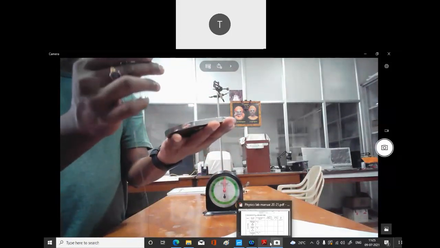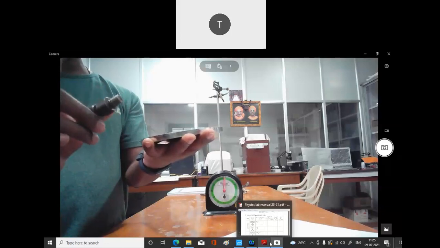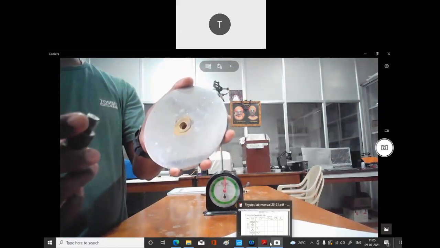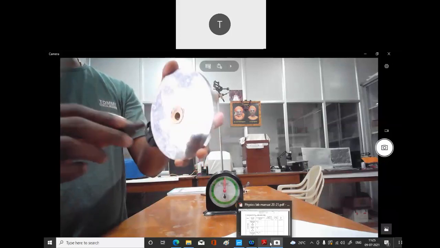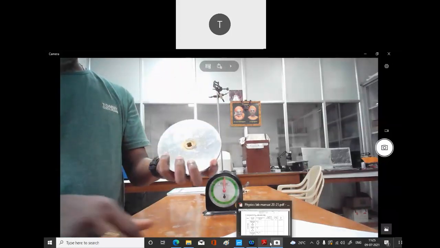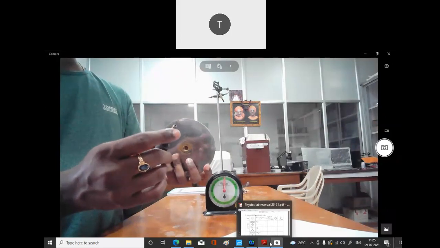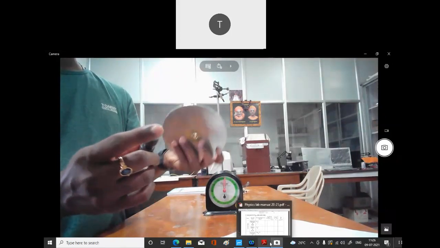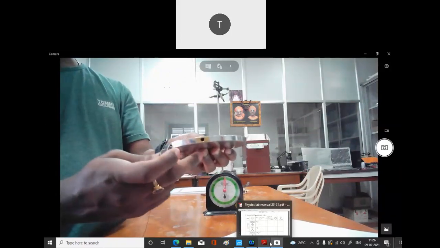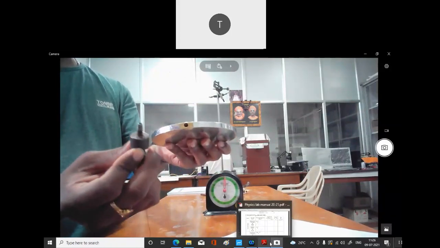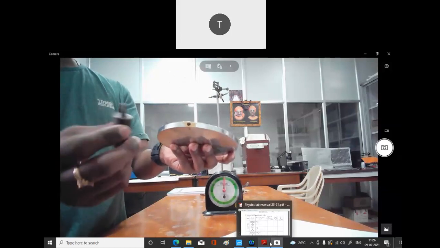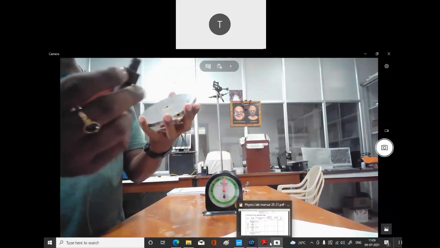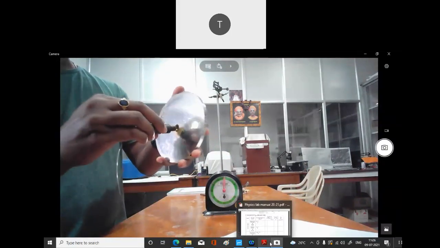For that, there is a check nut here. There is a big hole and a big nut, so you have to fix it here. On the other end there is a small screw and also a small nut, but for now you are going to use the bigger screw and bigger nut.